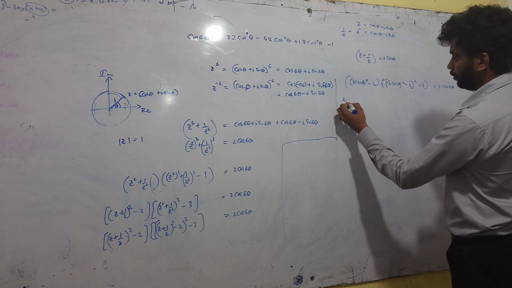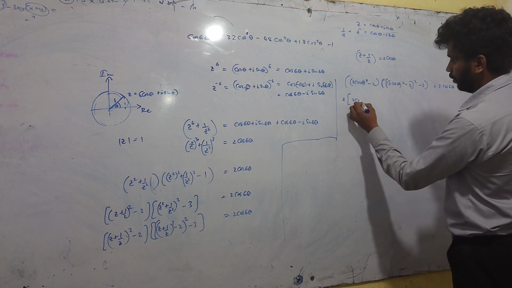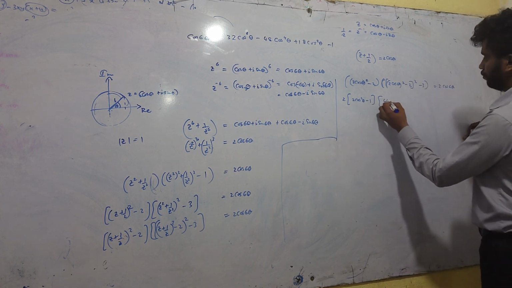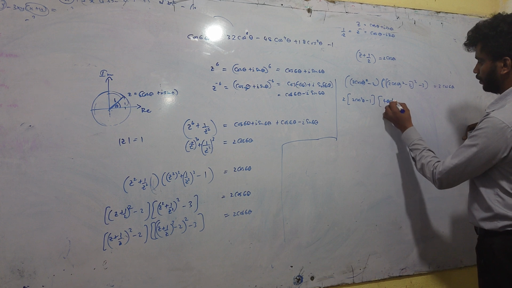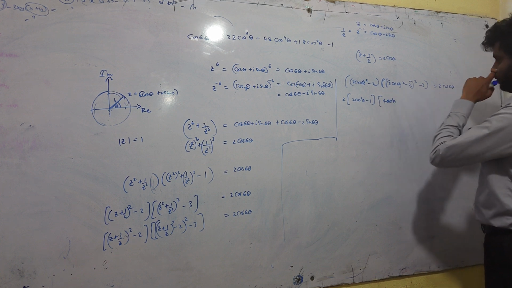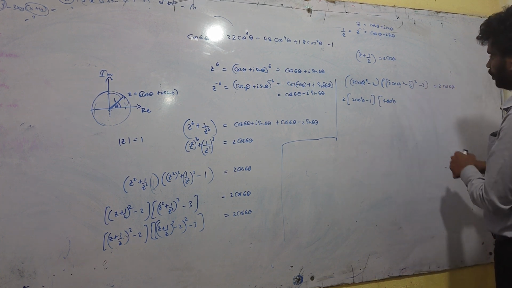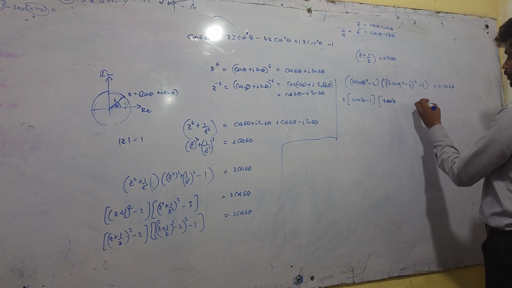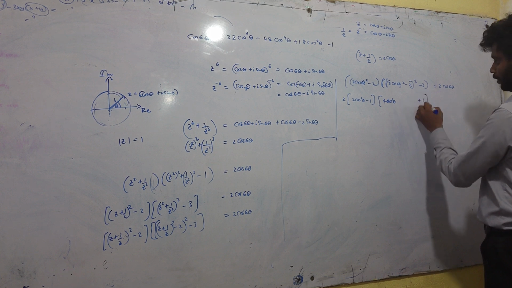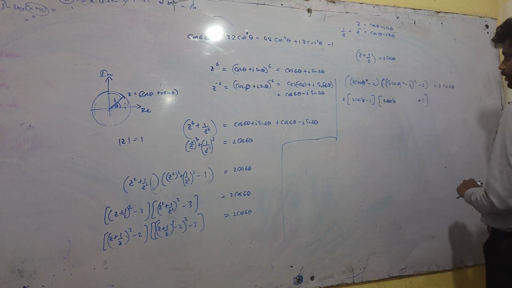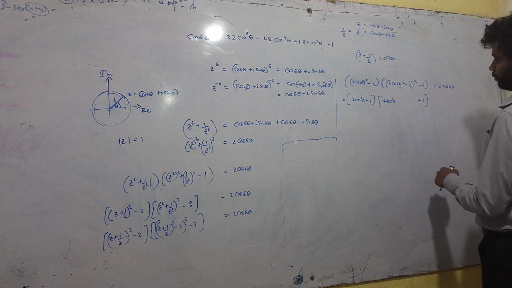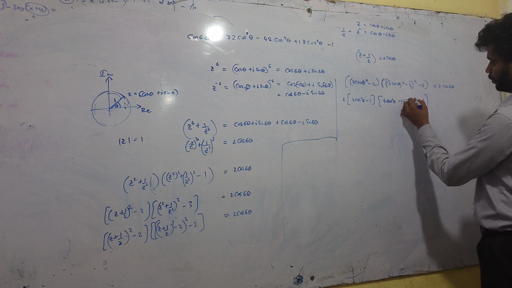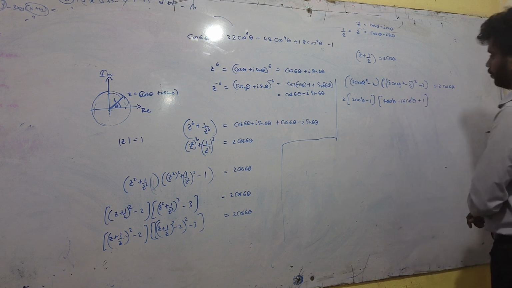If this is 4, then one of these 2 can be taken out. This is 2 cos squared theta minus 1. This is 4 cos squared theta. Then this becomes plus 4 minus 3 plus 1, right? This is multiplication, 4 minus 8 minus 16 cosine squared theta.